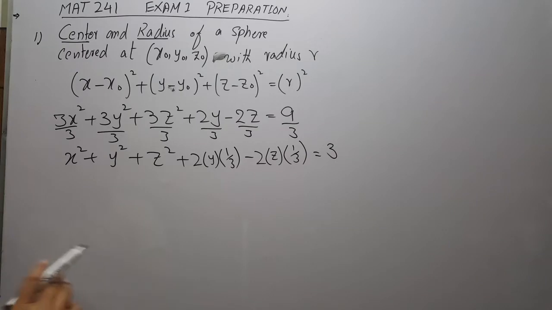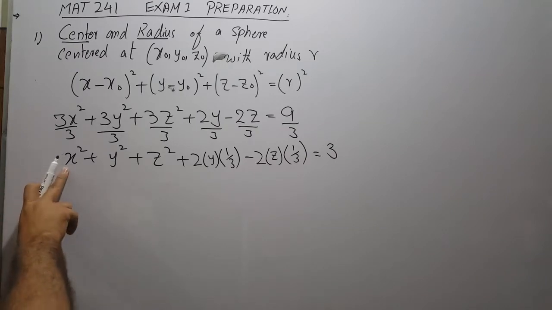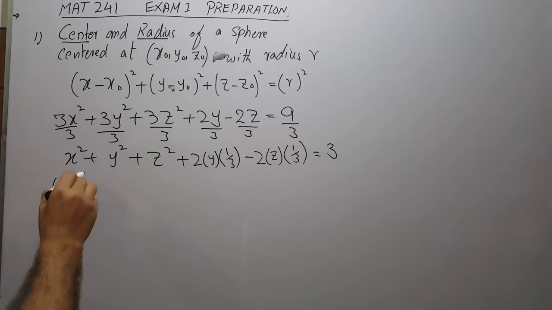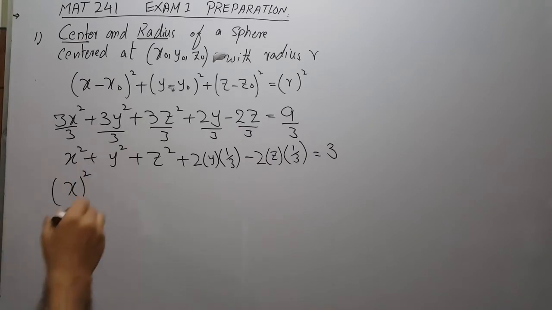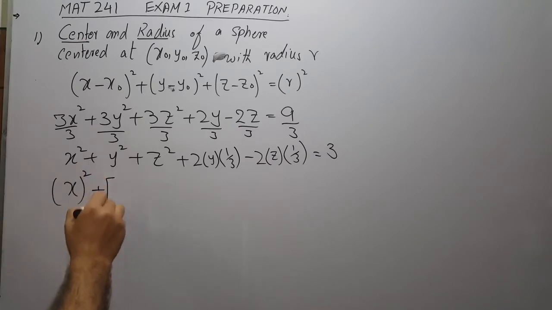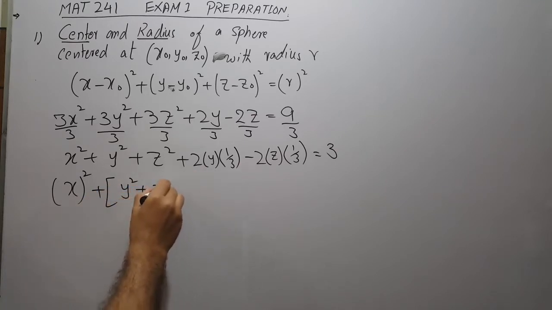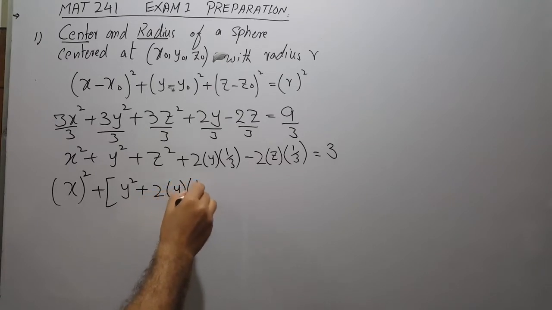Now you have to complete the square. So x is the only term, x square. There is no other x, so this is already a complete square. For y, we have y square, and there is another term here, 2 times y and 1 over 3, so you have to complete this square, which is not yet a square.